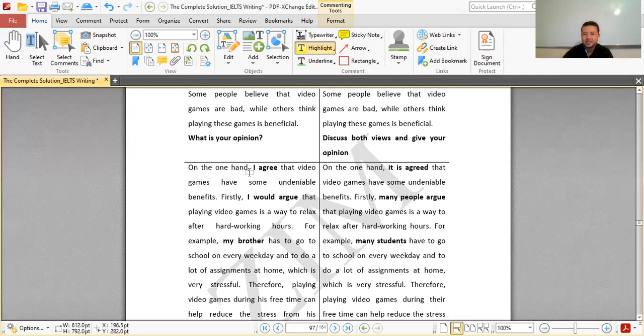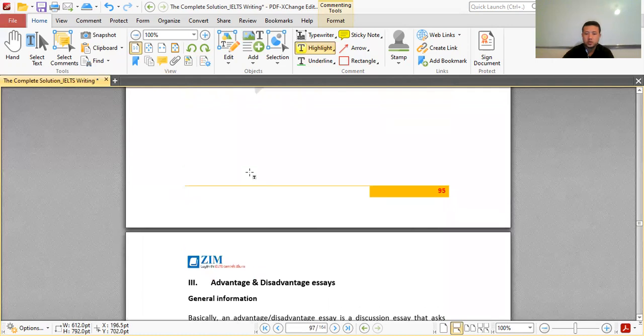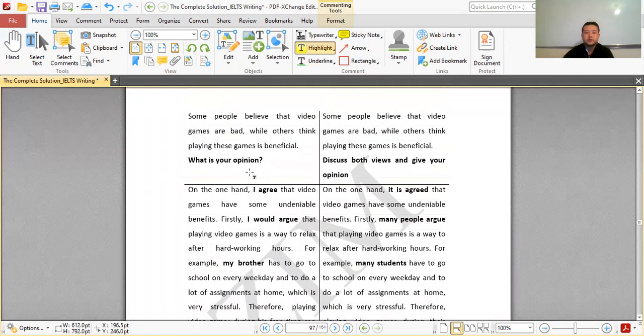But in discussion essays, you cannot write personal pronouns, you cannot give personal information and personal knowledge when giving examples. For example, it's argued, many people believe, or many students have to go. That is the basic difference between discussion essays and balanced essays.